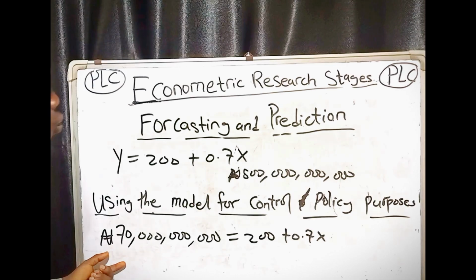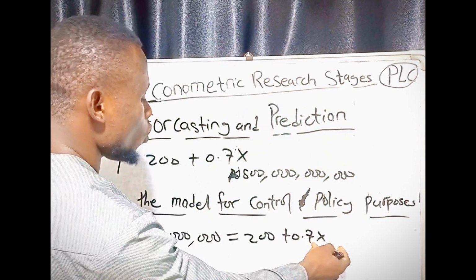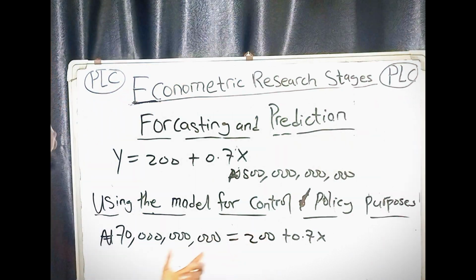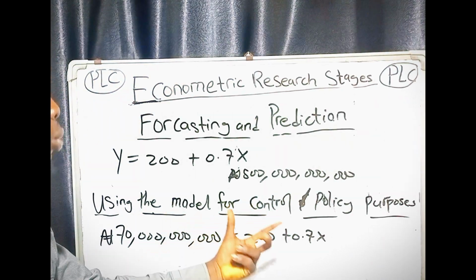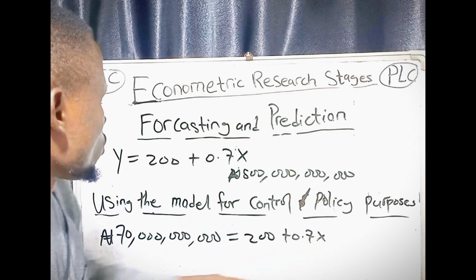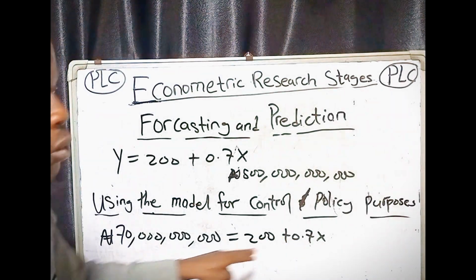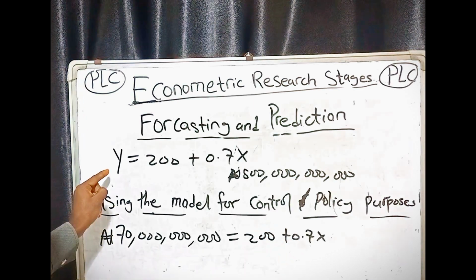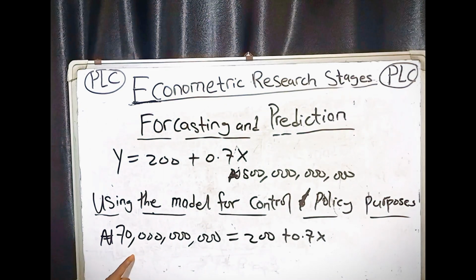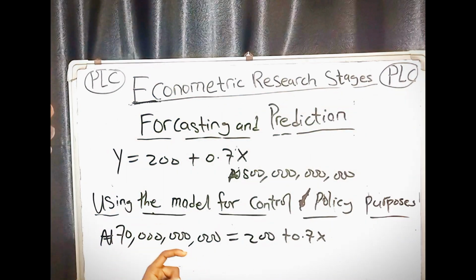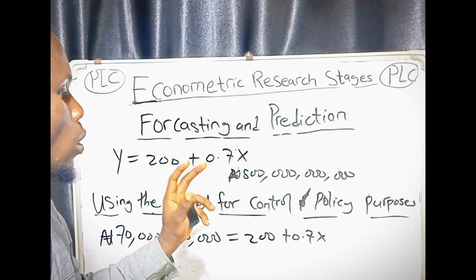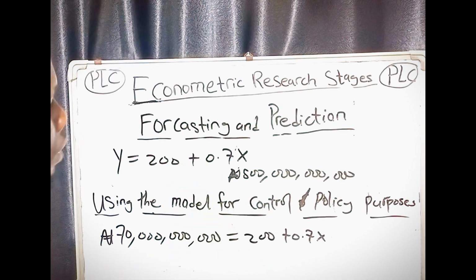Now they have to know what level of income they need to achieve this. That's for control and policy purposes. So if you take the estimated equation and solve for income, you can determine the level of income needed to have this level of consumption. And this is how policy and control of the economy actually takes place.